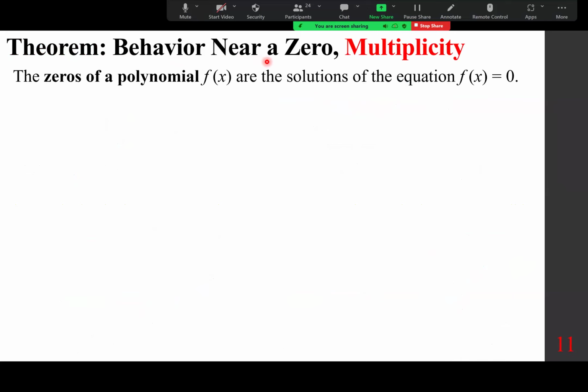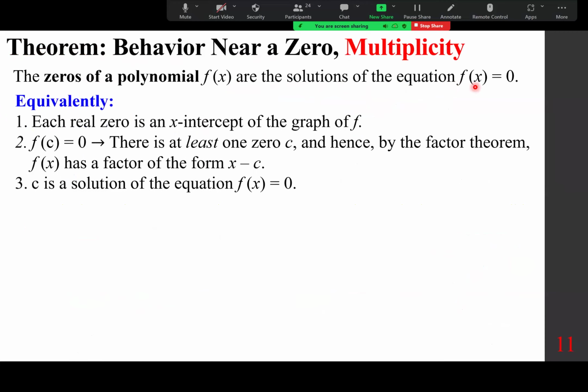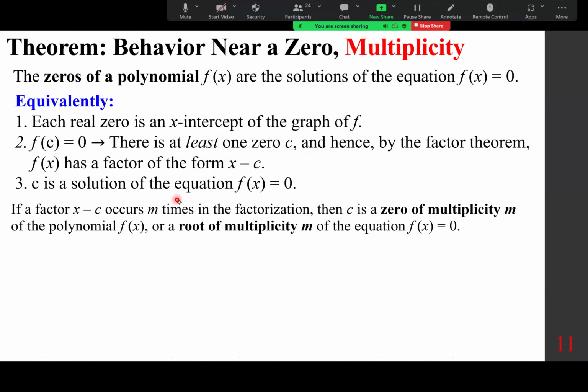Theorem: behavior near a zero, multiplicity. The zeros of a polynomial f of x are the solutions of the equation f of x equals 0. Equivalently, each real zero is an x-intercept of the graph of f. If f of c equals 0, that means there is at least one zero c, and hence by the factor theorem, f of x has a factor of the form x minus c. c is the solution of the equation f of x equals 0.